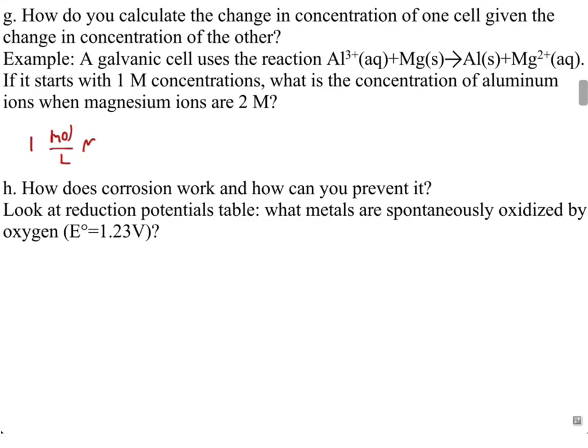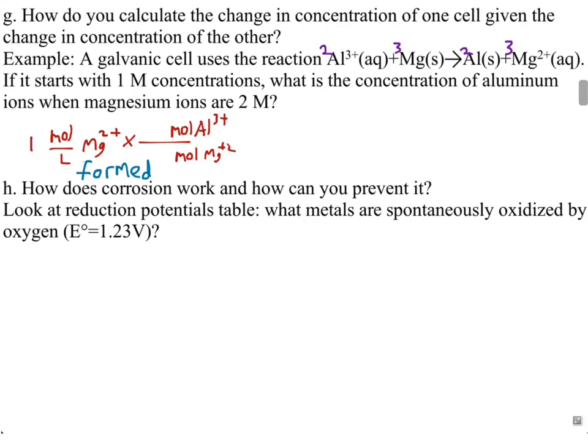So 1 mole per liter of magnesium ions are formed because you started with 1 and you wound up with 2. So then we can use our mole ratio from magnesium to aluminum. But our equation was not balanced, so you've got to make sure you balance it so electron transfer is equal.